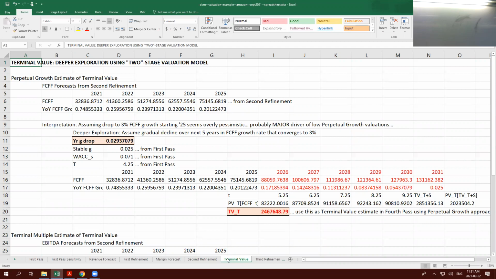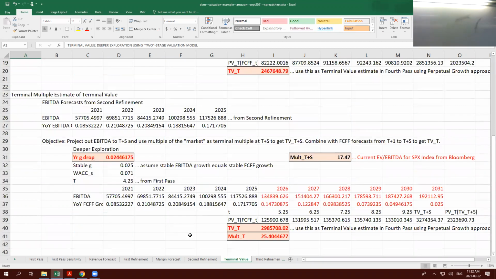And then now I'm at 2.5% in year 2031. So from that period on, I can go Gordon growth, perpetuity formula. Make sense? We do that, we get a terminal value of this number. That's one terminal value. We okay with this?